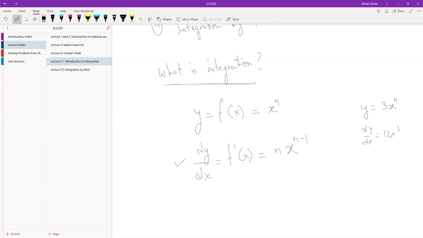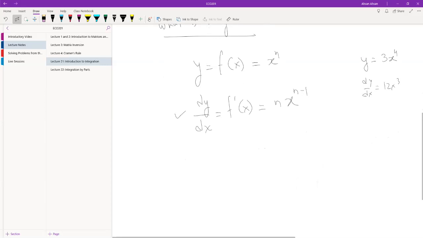Integration is basically the opposite of differentiation. If we start off with f(x) equals x to the n, and we want to find which function we would have to differentiate to get x to the n, we do something called integration.